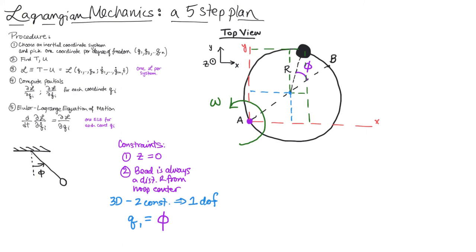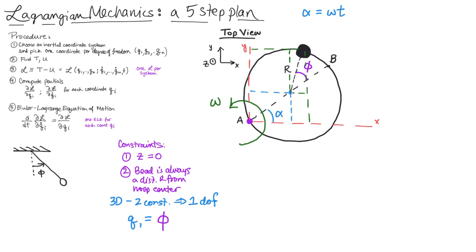Okay, so we need to identify one more parameter here, which I'll call alpha. Alpha will be the angle of the line AB relative to the x-axis, and we know that alpha is going to be equal to omega t, assuming it starts with the line AB parallel to the x-axis. Okay, so the hoop is being rotated at a given angular speed omega, so that over time this angle alpha will grow linearly in time.